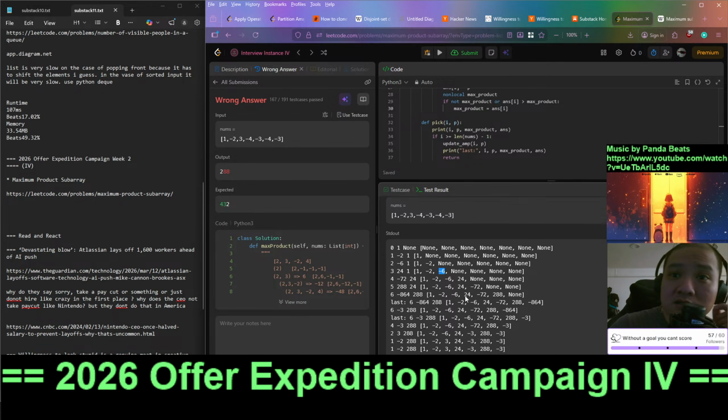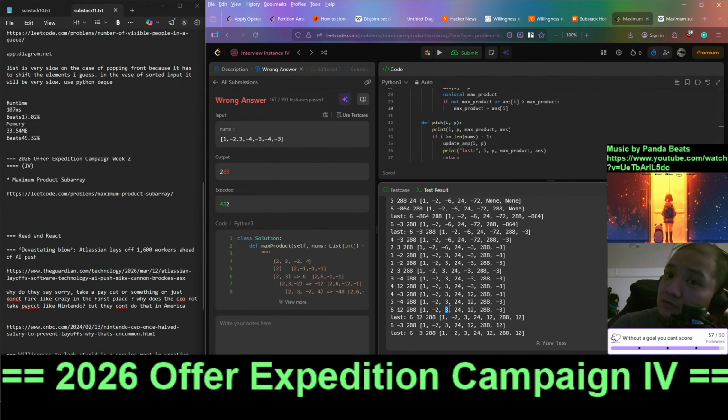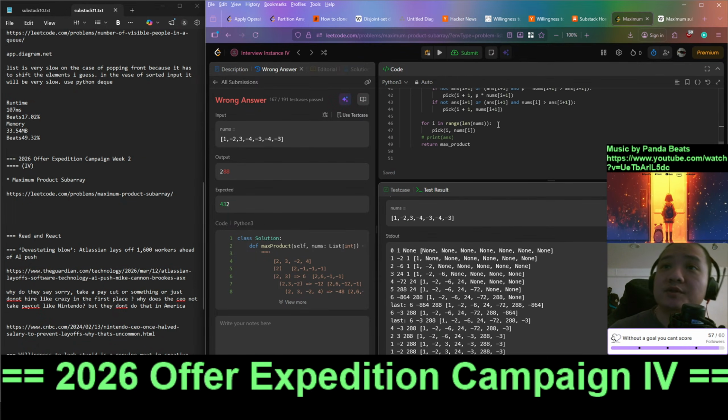So we start at 3 somehow right here, right? So 3, 12, 36. So we start at, okay, let's pick this. Start at nums I here. See our chain.